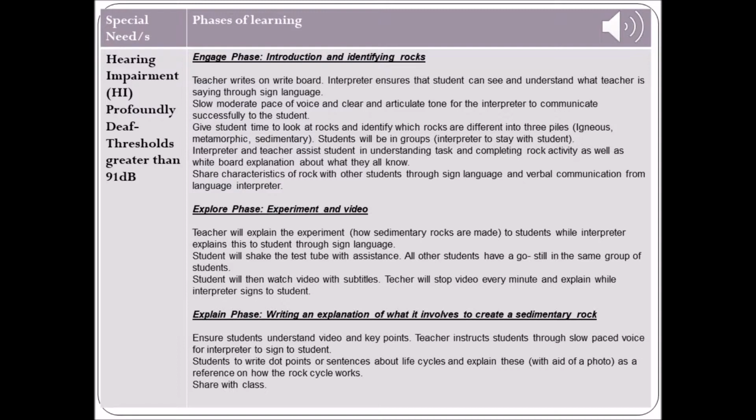In order for this to work successfully throughout all the phases, a slow, moderate pace of voice and a clear and articulate tone from the interpreter, the students and the teacher is important for the student to understand what is being learnt. The student is to have a group as well, like everyone else, but the interpreter is to stay with the student to ensure that the student understands what is being learnt.